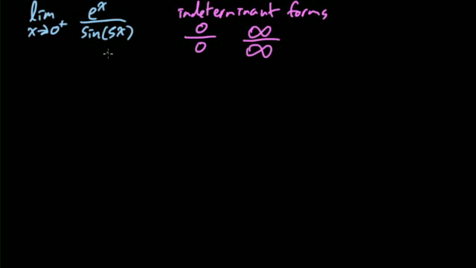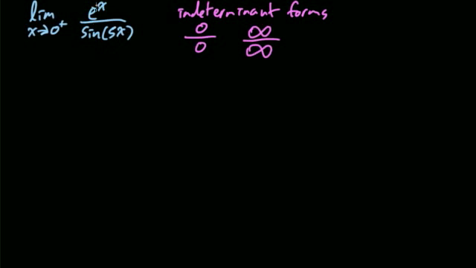We just plug in 0 for e to the x, and e raised to the 0 power, or anything raised to the 0 power, is just going to be 1. And how about the sine of 5x? Well, 5 times 0 is 0, and the sine of 0 is just 0.